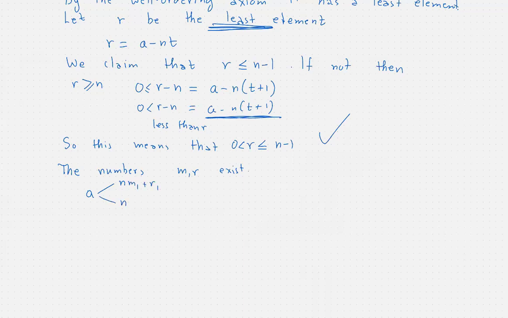You subtract the two things that are equal, and you get N times M1 minus M2 plus R1 minus R2 is equal to 0, which of course gives you N times M1 minus M2 is equal to R2 minus R1.